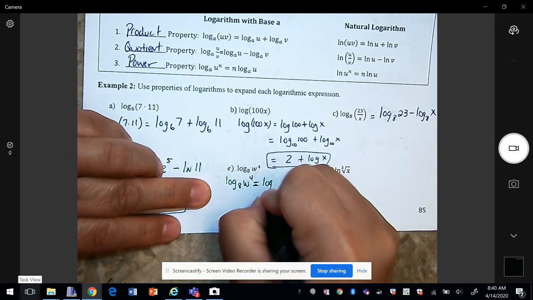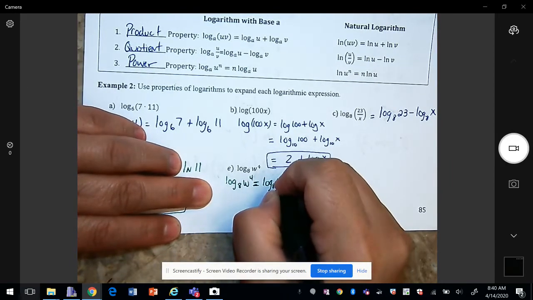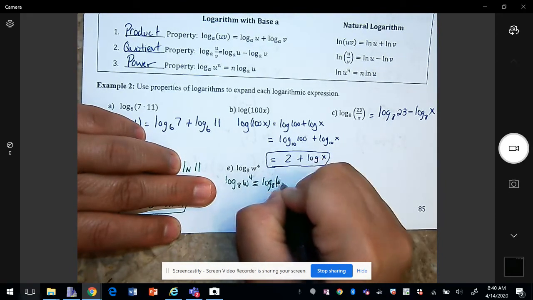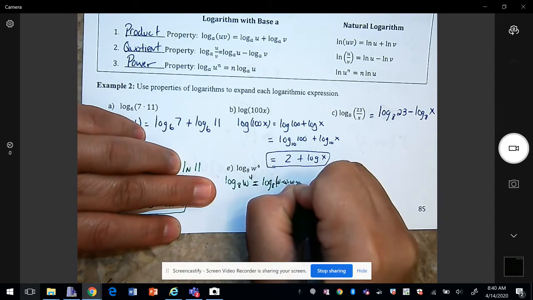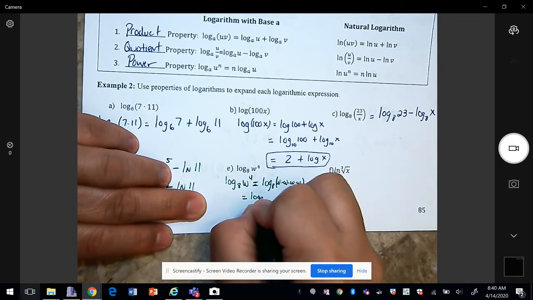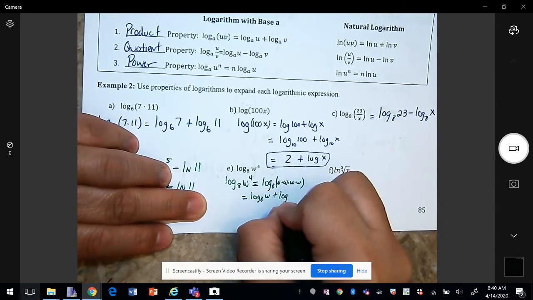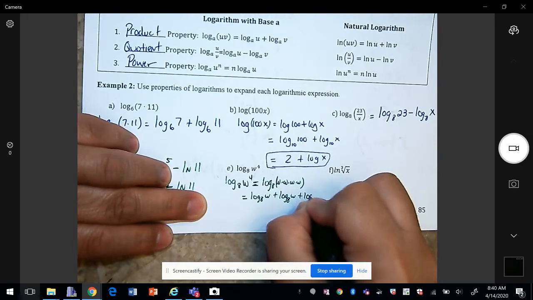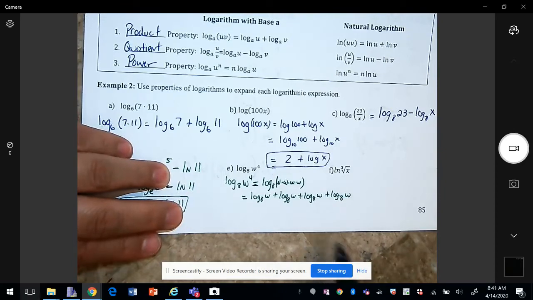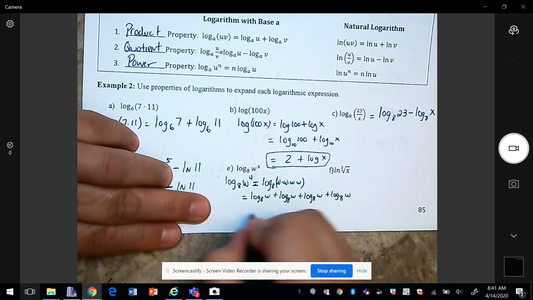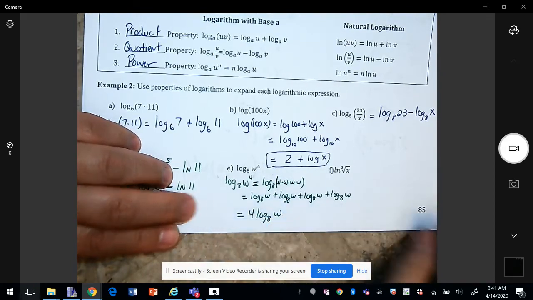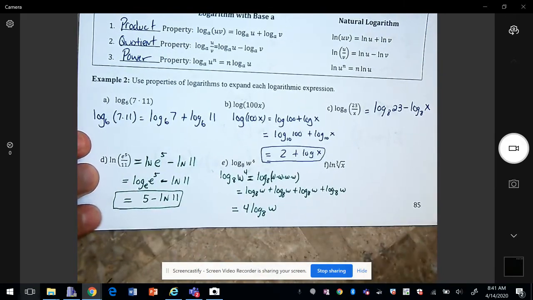Multiplication as log 8 of w times w times w times w, which would then be log 8 w plus log 8 w plus log 8 w plus log 8 w. So if we add these 4 together, now we're going to have 4 log 8 w.